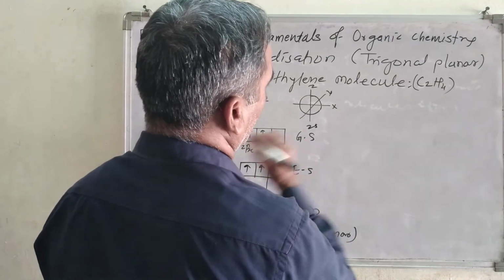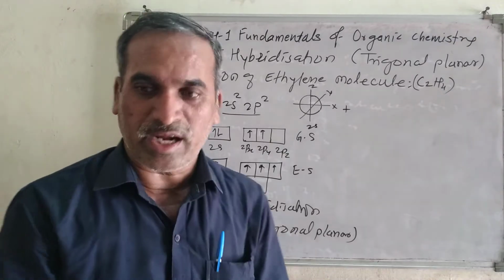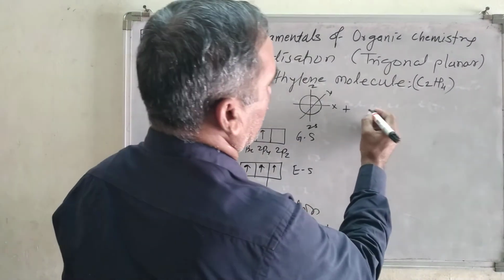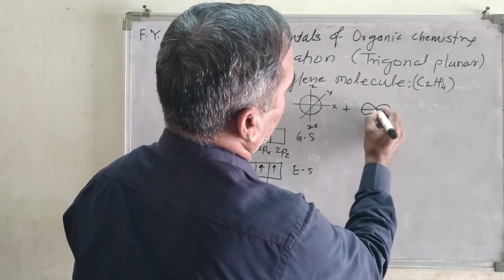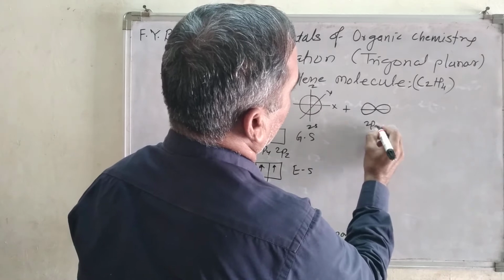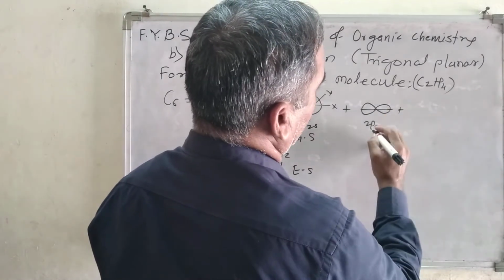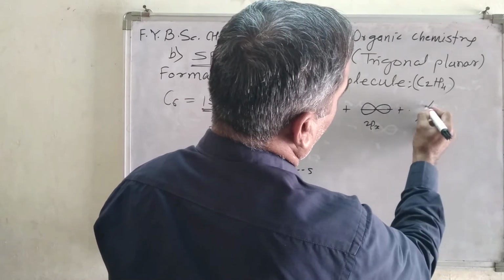And therefore this is a 2s atomic orbital. Now the p orbital, as we know, is dumbbell in shape. Let us see, on the x axis we have this 2px orbital, right? Now another one, the 2py orbital, is slightly like this.